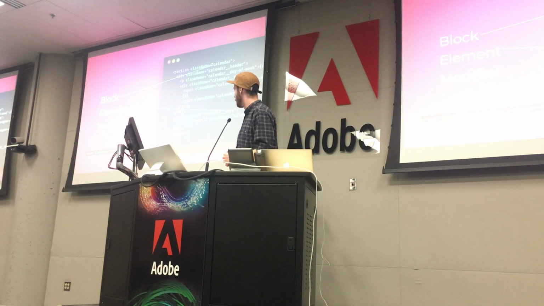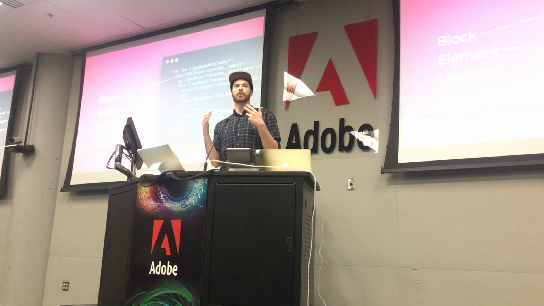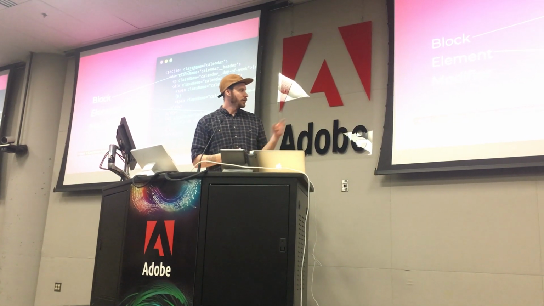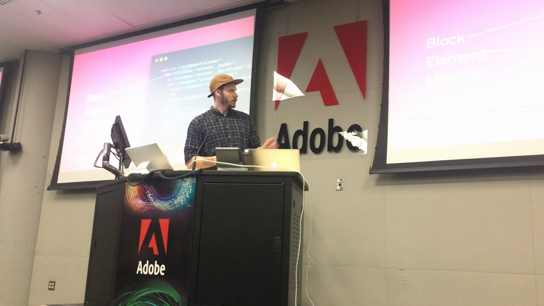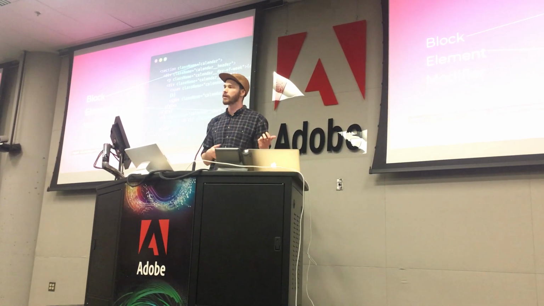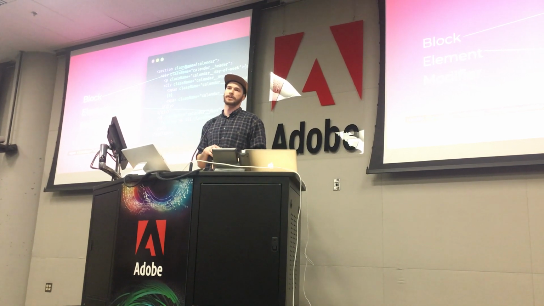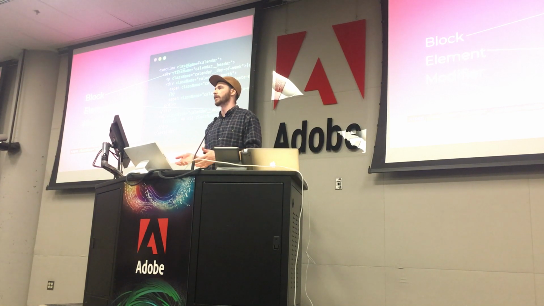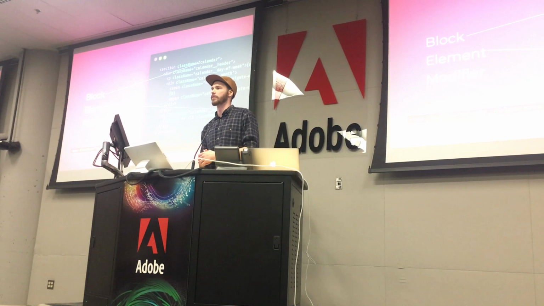So we have the block at the top, elements denoting the other elements in that block. And then the modifier, which I couldn't fit on the page, so I put it at the bottom. It's kind of like a smaller bit, so you have a component like an arrow. Maybe you just want to change some styles, so maybe before or after. If you're hovering over something, maybe you have an active hover element, that might be a modifier for that component.